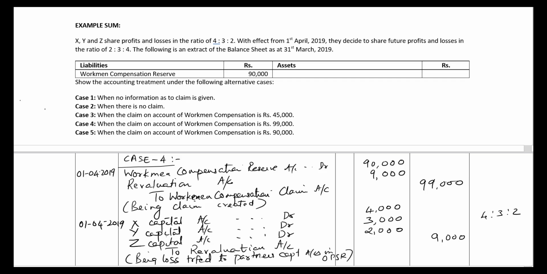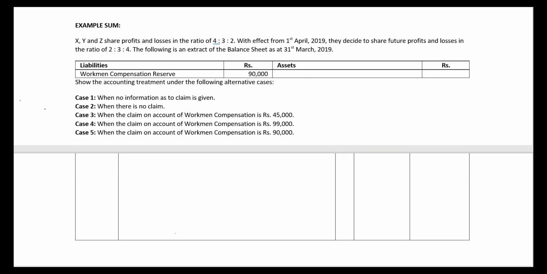Let's go to case 5. Case 5 says when the claim on account of workmen's compensation is 90,000 rupees. The date 1st April 2019. The entire reserve 90,000 will be transferred into claim.